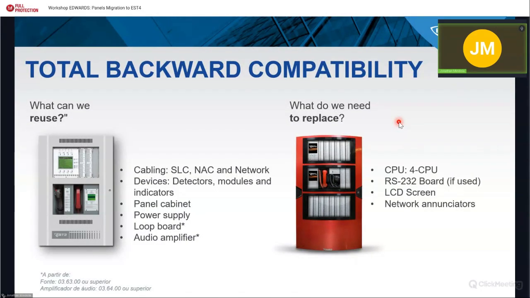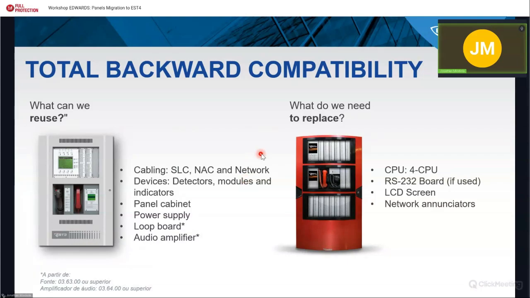And in the operator layer, you install your LCD touch screen, your microphone, your fire telephone, and that is the reason that you must change your cabinet when you find an EST3 with audio evacuation and fire telephone.